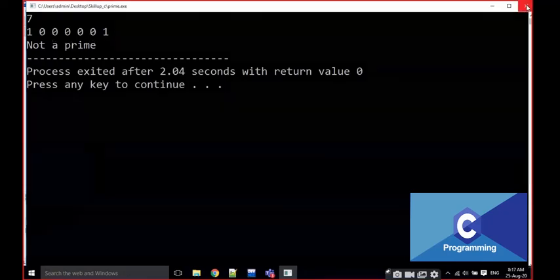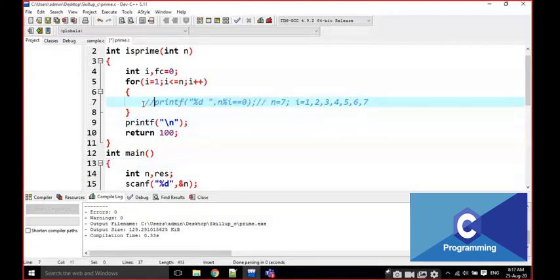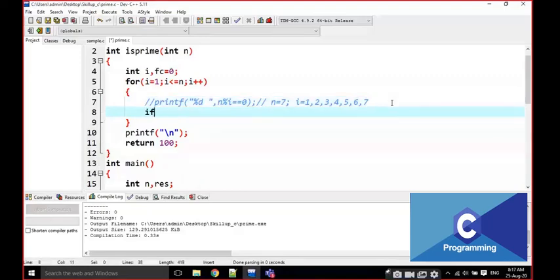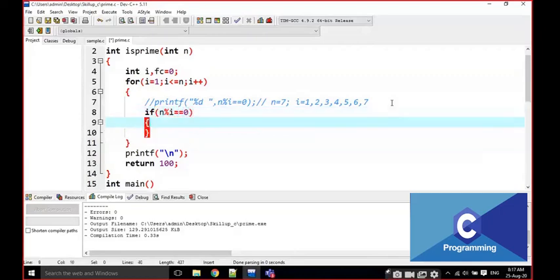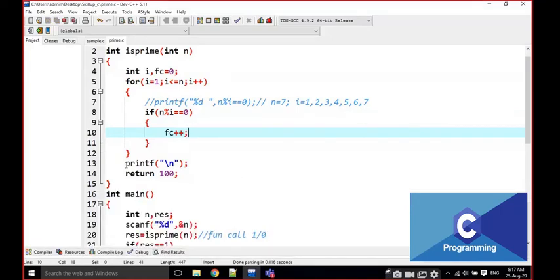At that time I am going to increment this fc value. Instead of writing this line, I am going to check with the condition n mod i is equal to 0. That means if the condition is true, I am going to do fc plus plus. That's it, nothing else.